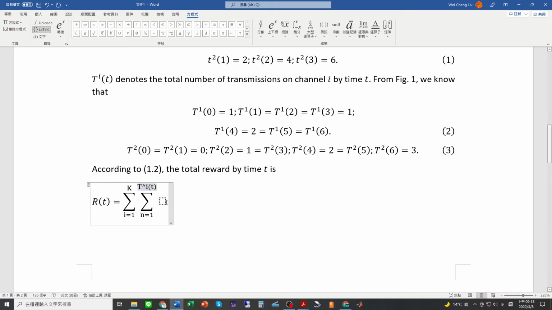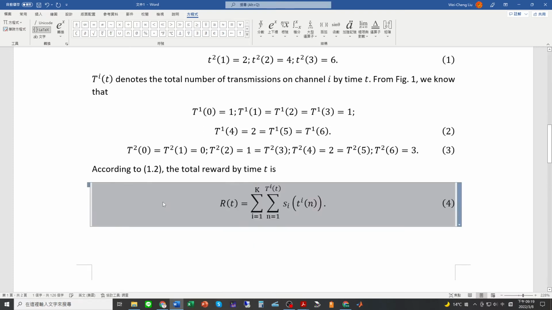And here is the s_i of t_i of n. I call this equation 4.